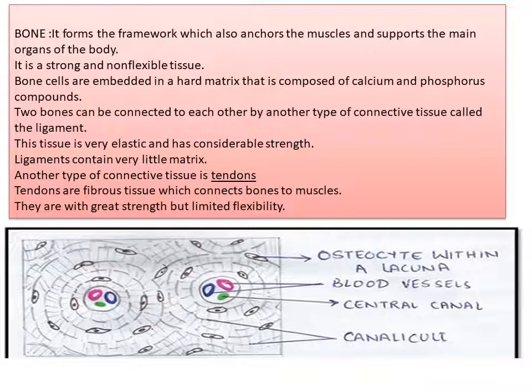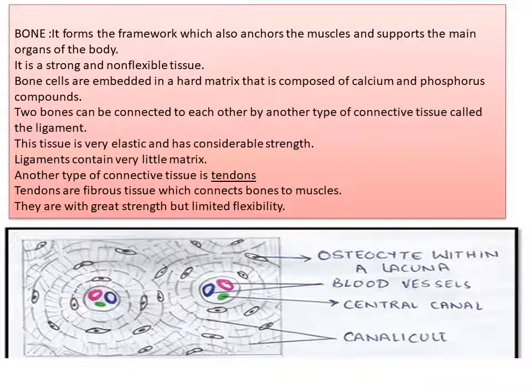Bone is a strong connective tissue. It is not fluid, rather it is a very strong and non-flexible tissue. What is the function of bone? It provides a framework to the body. It also anchors the muscle and supports the main organs of the body.